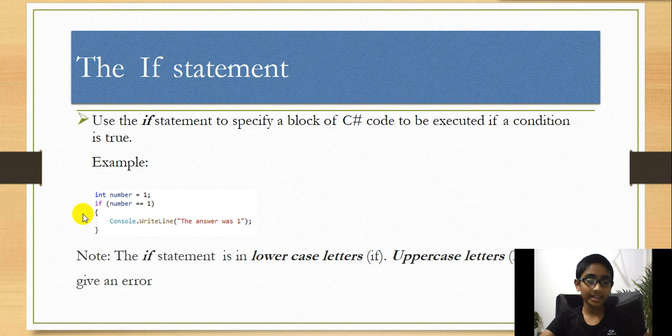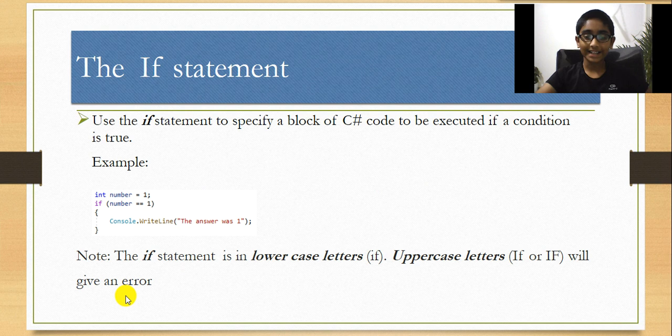So I'm saying if and starting a bracket number equal to 1, closing the bracket and starting a curly brace, and inside the curly brace is what you have to execute if the if condition is true. So if this condition is true, I'm writing on the console that the answer was 1. And then I'm just closing up the curly brace.